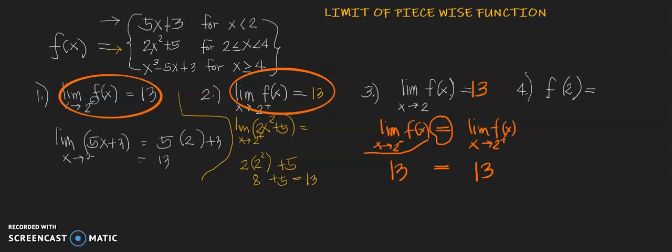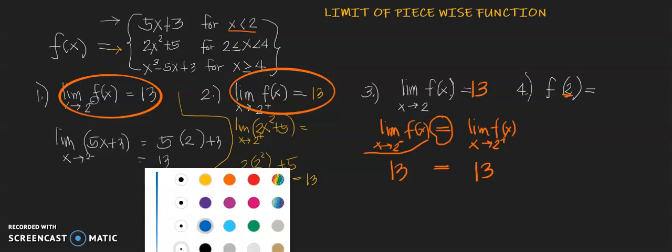Alright, let's do number 4. What if the question is f of 2? If it is f of 2, you check the function where x is equal to 2. Can we use this one? No, because that is for values of x less than 2. What about this one? Yes, because it says x is less than or equal to 2... so we plug in 2 here.